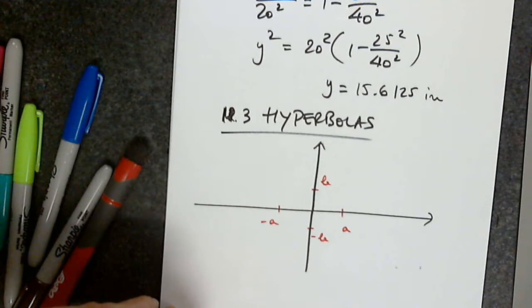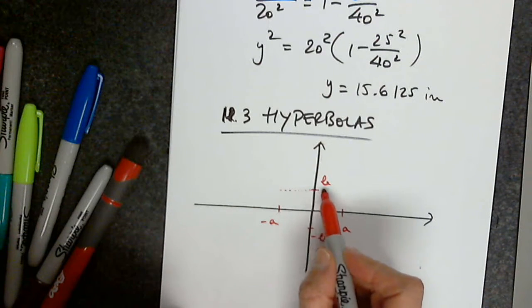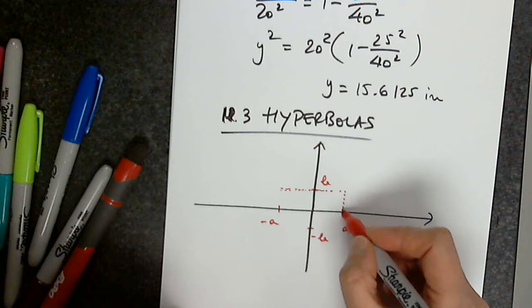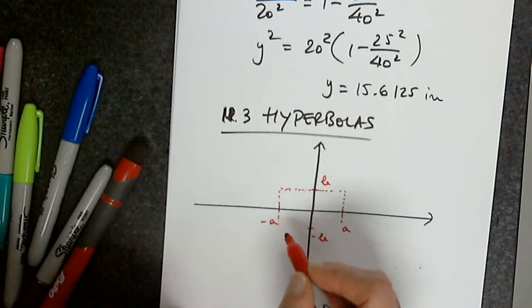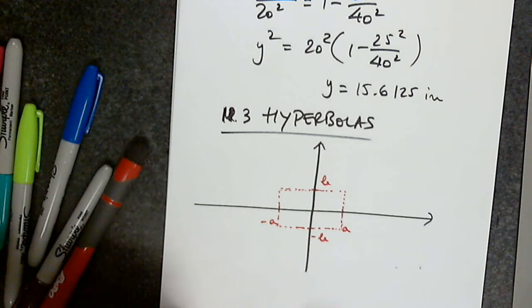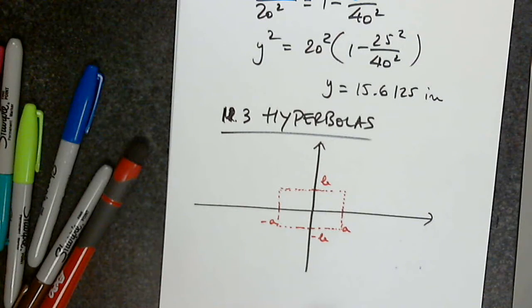We will put the A's and the B's like we did with the ellipse. We will create a box, a rectangle, going through all these points, going through negative A and positive A, negative B and positive B.